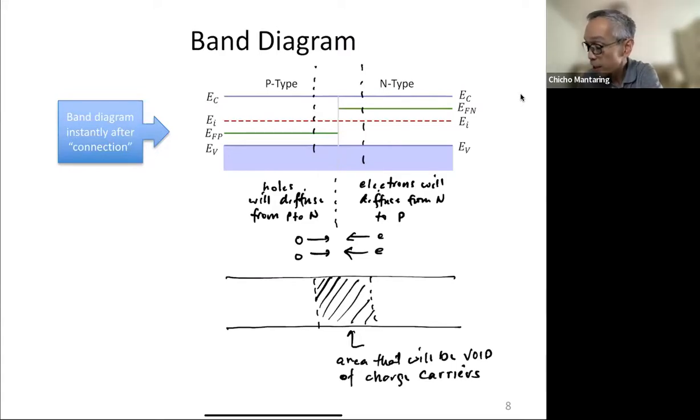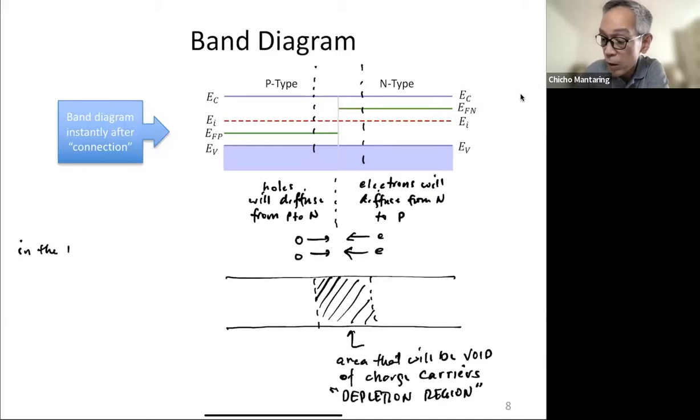And you call this the depletion region. That is called the depletion region. So in the depletion region, n is approximately equal to p is approximately equal to 0. You don't have any free electrons, and you don't have any holes.